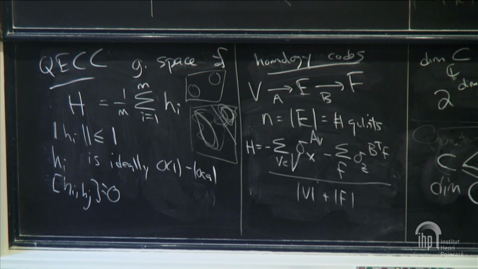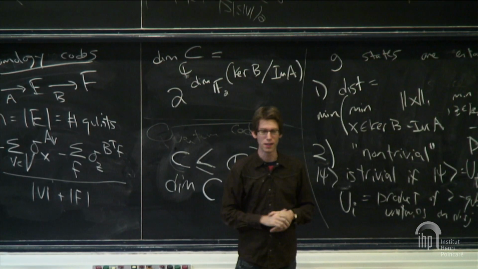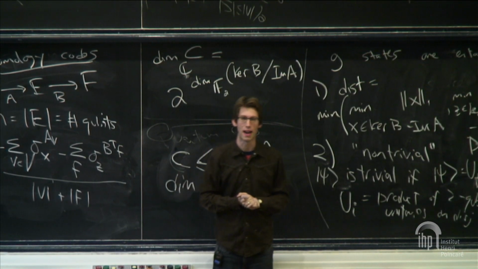I don't have time to go into the construction, but it's based on combining these homology techniques with expander graphs. Expander graphs are very robustly connected in the sense that if you delete a constant fraction of vertices, still most of the remaining vertices form a smaller expander graph.